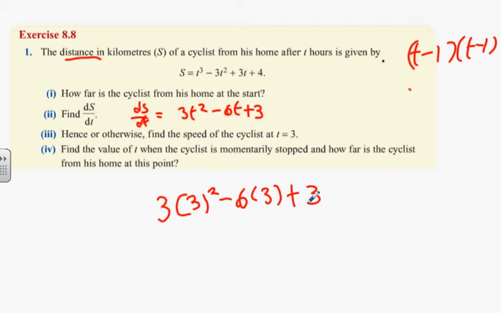Find the value of t when the cyclist is momentarily stopped, and how far is the cyclist from his home at this point? When do you stop? When your speed is 0. Speed in this type of question is which derivative, the first or the second? First derivative. You want to find out where the first derivative turns into 0.